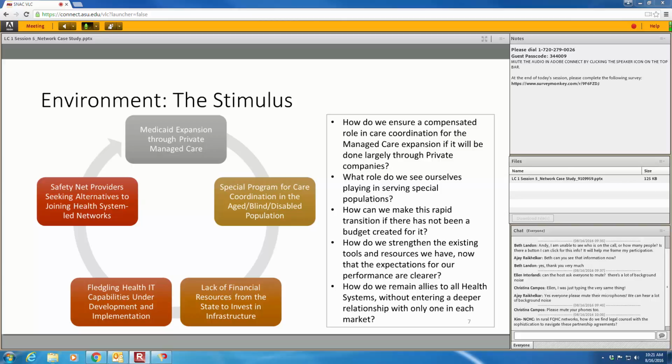And in doing so, enrollment for patients in managed care organizations was considered to be mandatory. The state intended to implement financial withholds, which means that the managed care plans had to achieve certain levels of clinical performance to get all of their money.